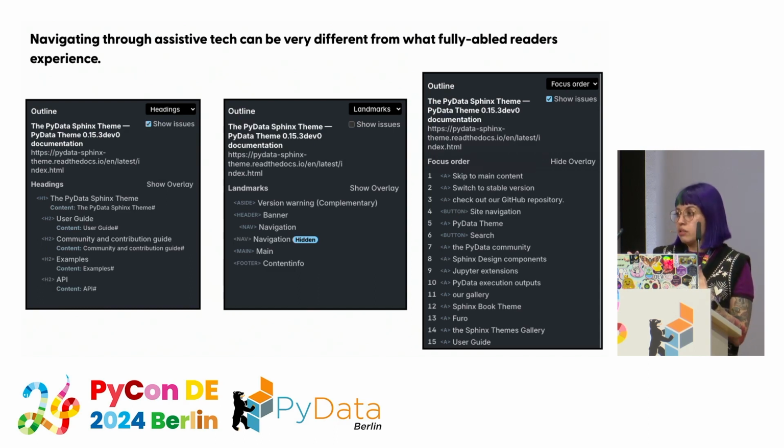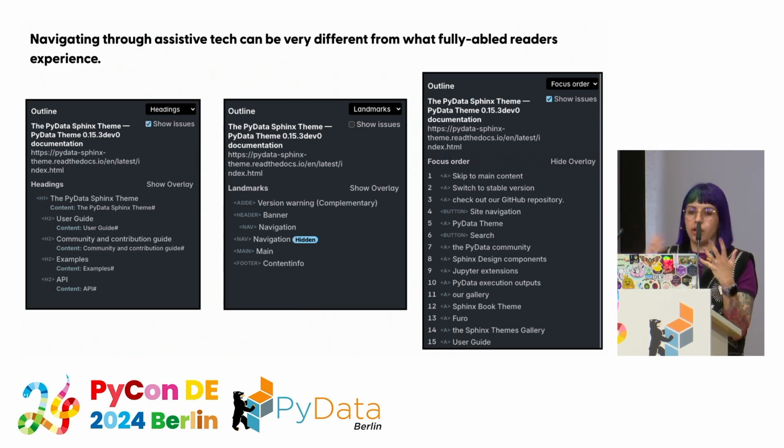Second, landmarks. You can think of the main sections of your website, like the navigation bar, the sidebars, the main content, the footer, all of those are landmarks. They serve like physical landmarks that help you orient yourself in a space. And then we have interactive elements, which cover things like links, buttons, code blocks, copy buttons.